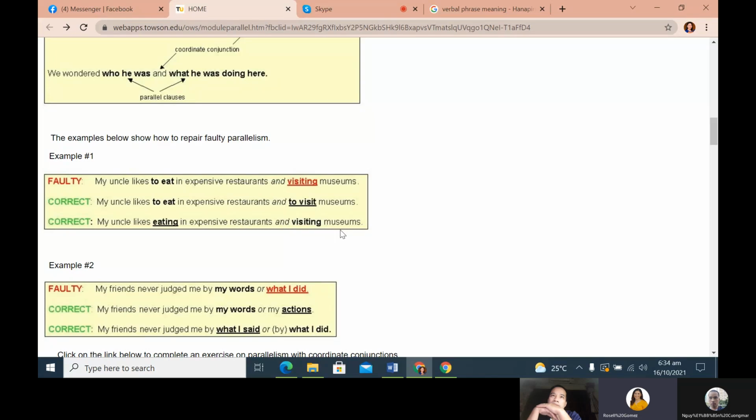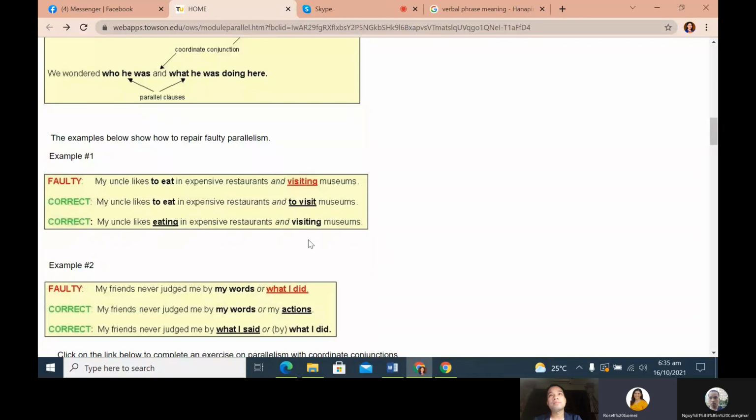Do you understand me that you have to use parallel or similar construction? If you would like to use the infinitive verb, I have one question for you. My uncle likes to eat in expensive restaurants and visiting museums. That's also correct in grammar, right? No. My uncle likes to eat and visiting.